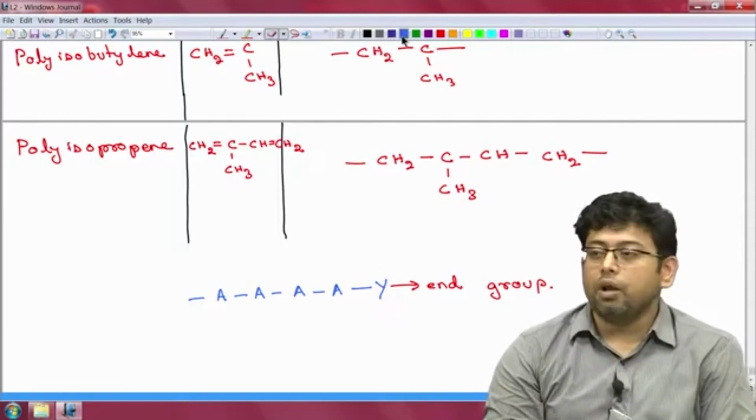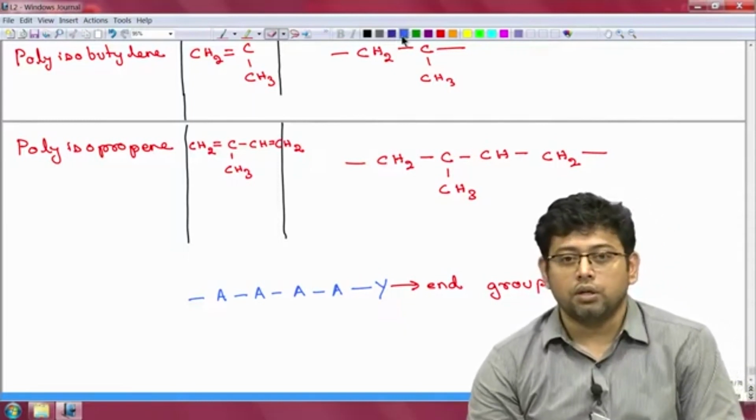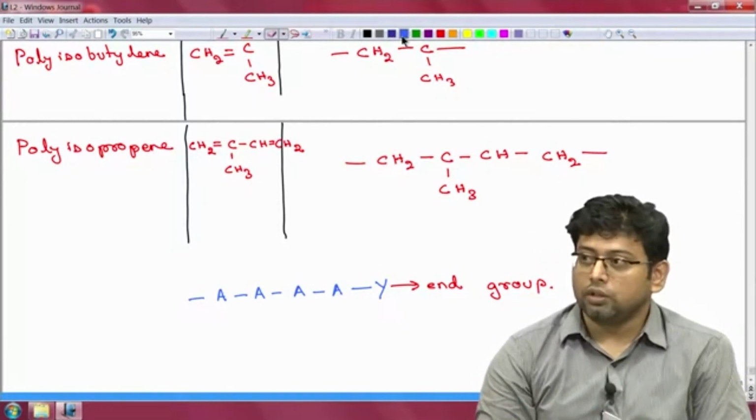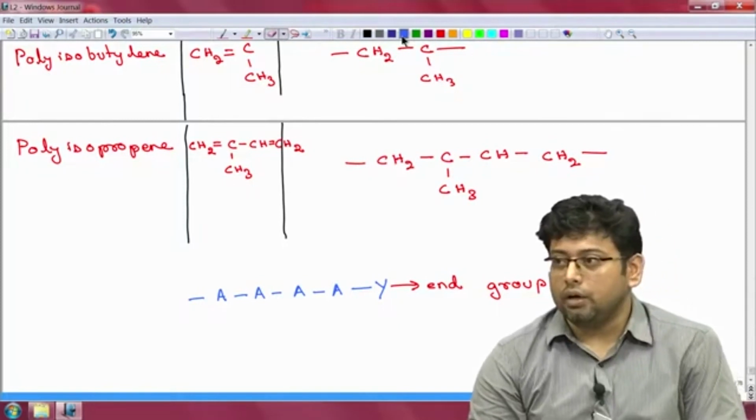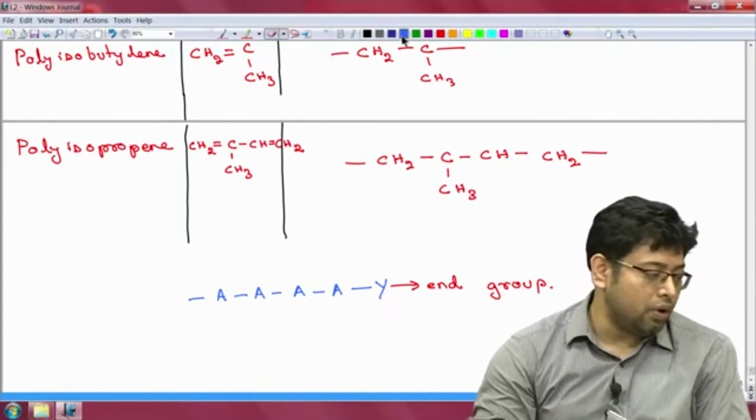But there are many polymers which are not composed of just one structural unit. They can be composed of many different structural units which can also go on repeating.